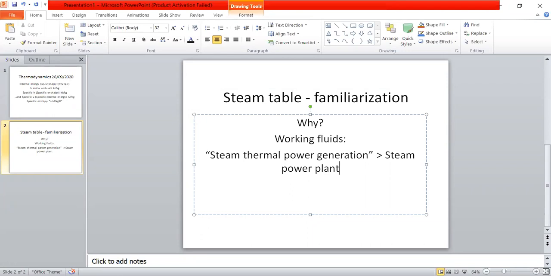Steam, high pressure, high temperature, packed with energy, goes to the turbine, drives the generators, fully loaded with the electrical appliances and machines, fully loaded with electrical load. Somehow you can see that power is delivered by steam. So you are creating the system, but what really works for power generation is steam.